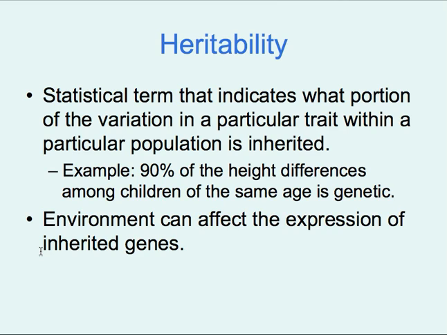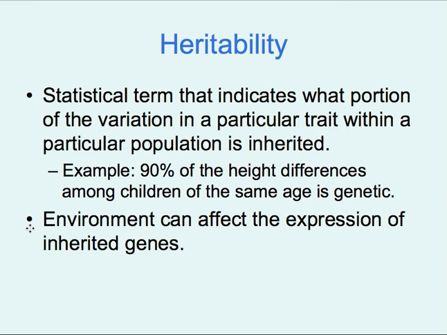Now, when we try to identify the extent to which genes contribute to different traits, behavioral or physical, we typically come across a term called heritability. This is a statistical term that indicates what portion of the variation in a particular trait within a particular population is inherited. For example, 90% of the height differences among children of the same age is genetic.